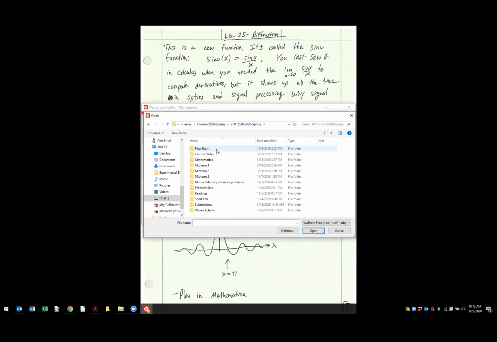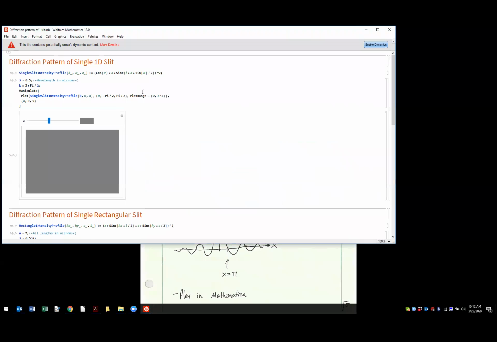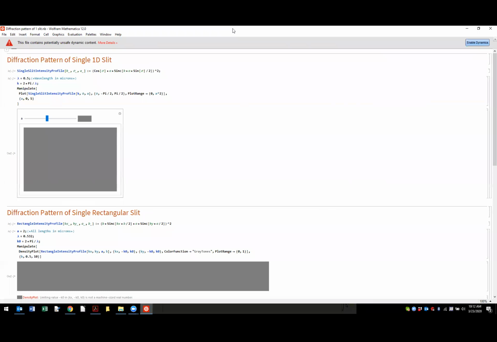I can just go into Mathematica and have it work with something called a sinc function. So you'll notice in this Mathematica file, which I posted yesterday, I define all of these intensity profiles in terms of a sinc function.